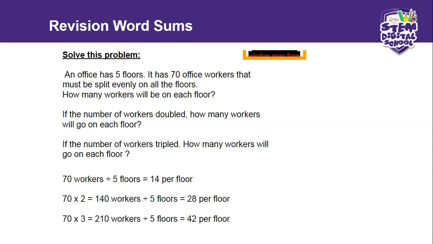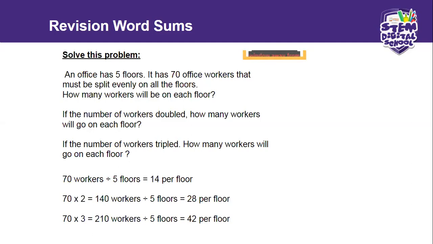The third one, if the number of workers tripled, it means that we have 3 times the number that was given, we were given 70. So 70 times 3 gives us 210 there.